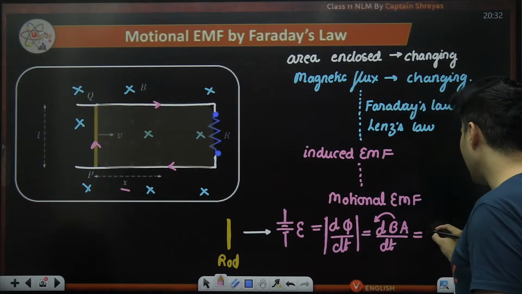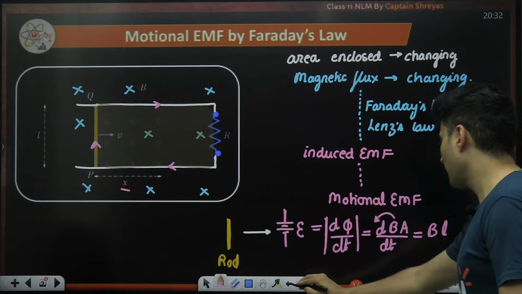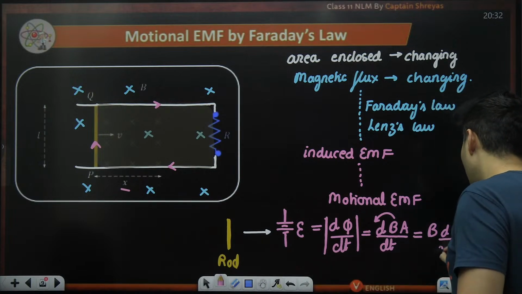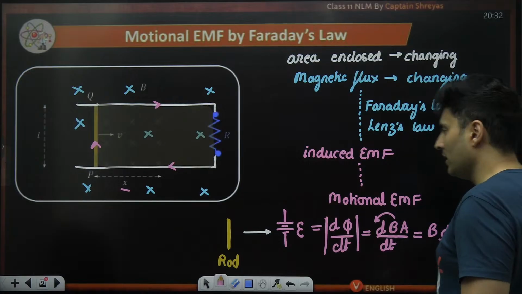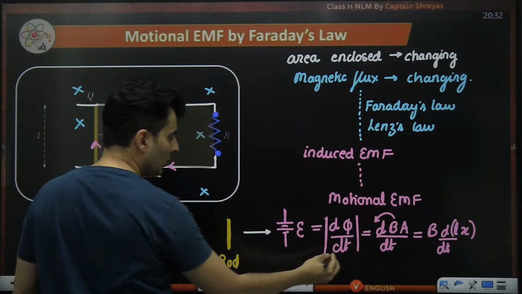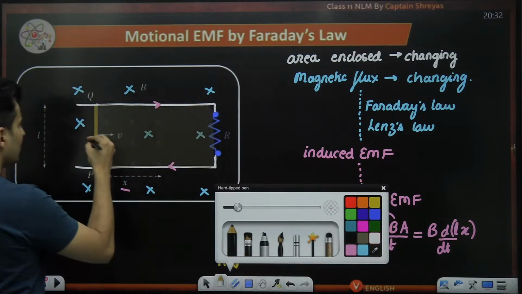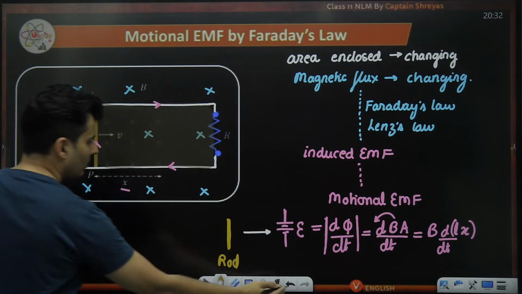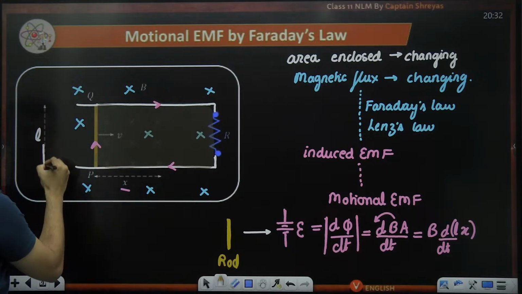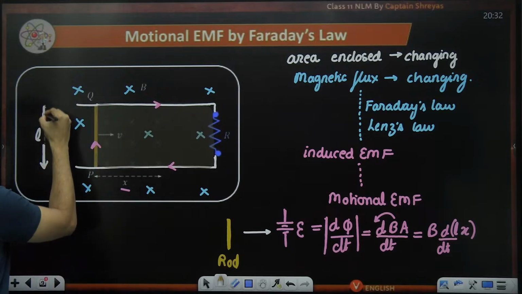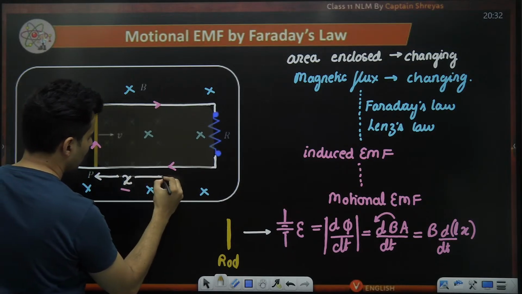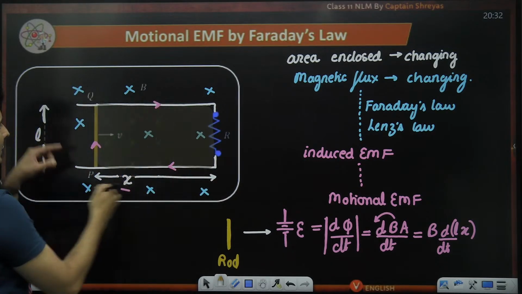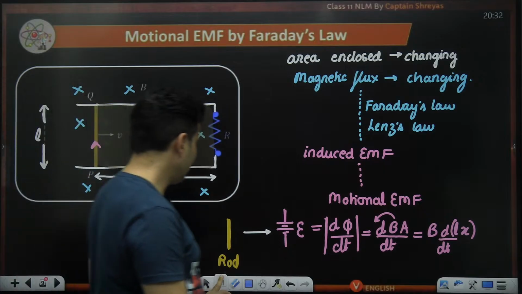So it will be just area, and area is nothing but length into x. Now you might be wondering what the hell is x over here. So let me mention that. Say for example, this is your length, already mentioned. This is your length, right? And let's say this is your x. Okay, this is your x. So the area is length into x, but length is also constant.